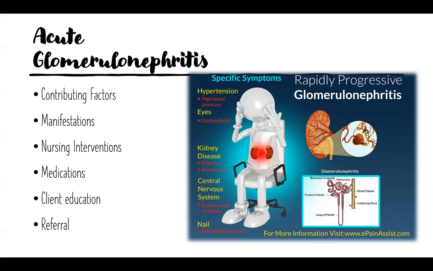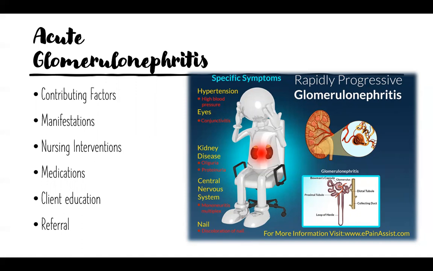glomerulonephritis. This is an acute renal disease involving renal glomeruli of both kidneys. Okay, this is thought to be an antigen-antibody reaction that damages the glomeruli of the kidney. This may be secondary response to infection in any other part of the body, and it usually occurs in children.